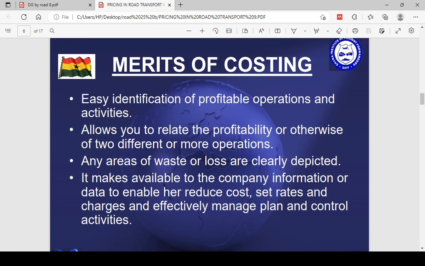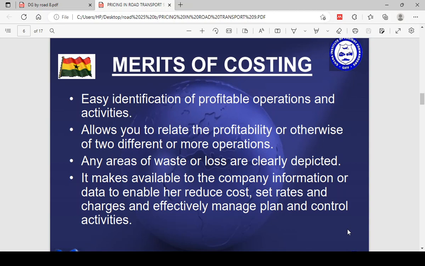There should be an easy identification of profitable operations and activities, and that is the advantage of costing. It allows you to relate the profit or otherwise of two or more different operations.